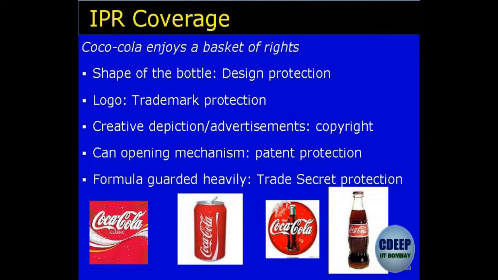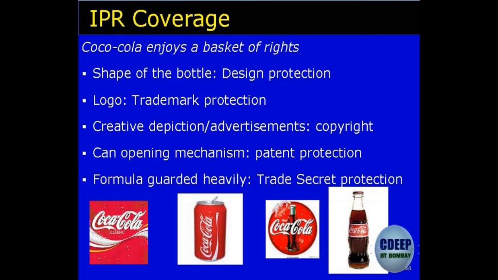What is the IPR coverage in any invention? It may contain only a single inventive concept, or it may be a basket of IP. The classic example is Coca-Cola. The way it is written in white on a red background is under trademark.